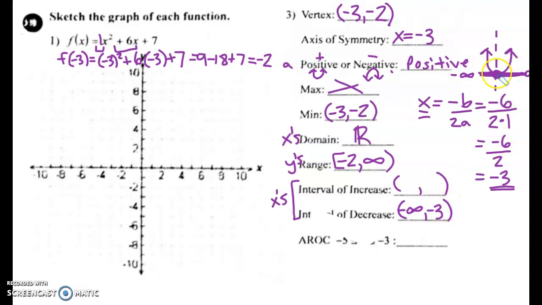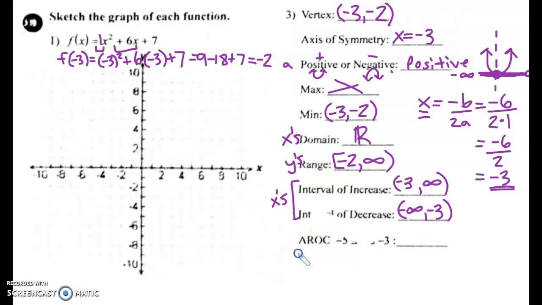Okay, then if we start at the vertex at x equals -3 and go all the way to the right forever, notice our graph is going up. It is increasing. So we would say from an x value of -3 to positive infinity, which means to the far right, our graph is going up. It is increasing.